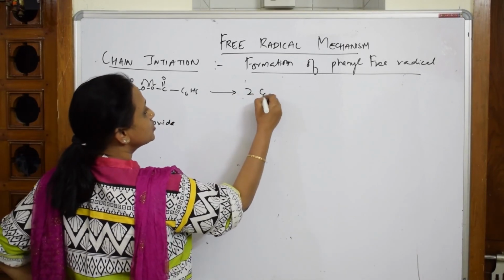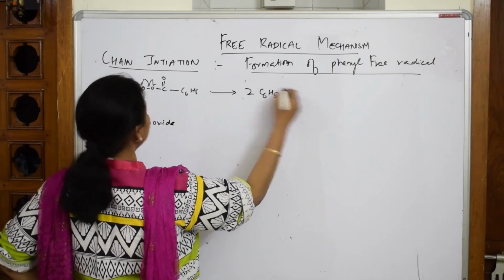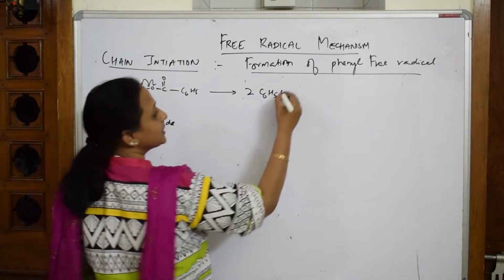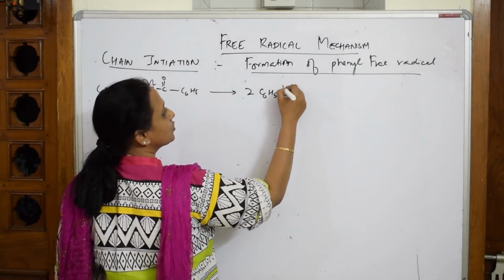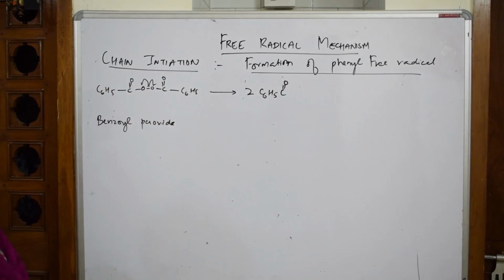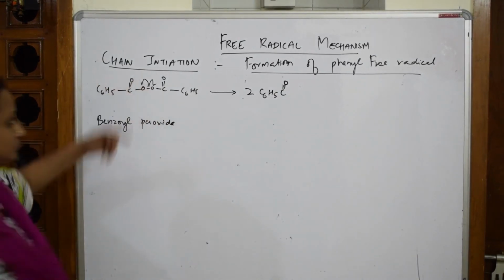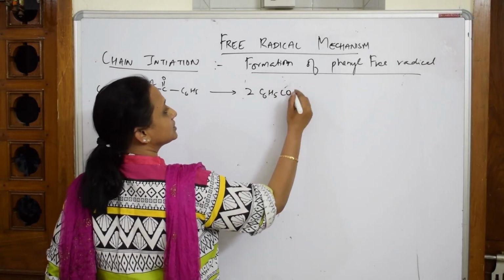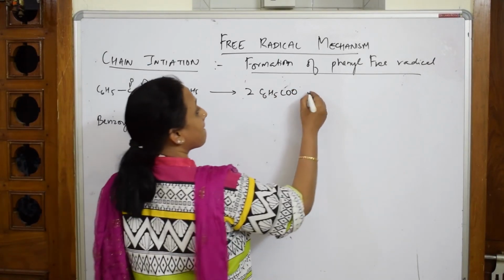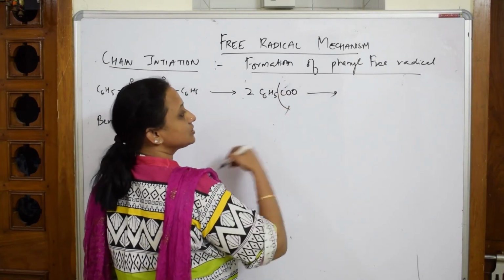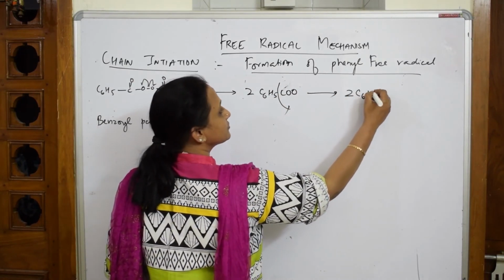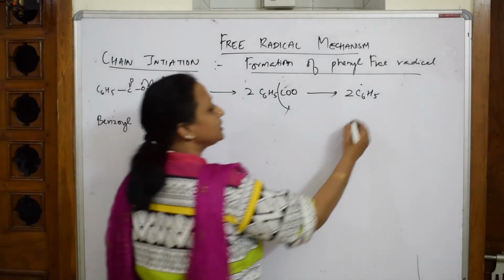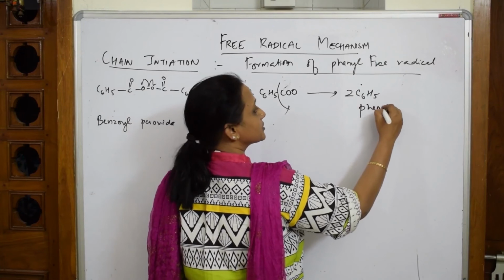So I can write it as 2 C6H5 COO. Further, there is a cleavage here and this forms the C6H5 free radical. This is called phenyl free radical.